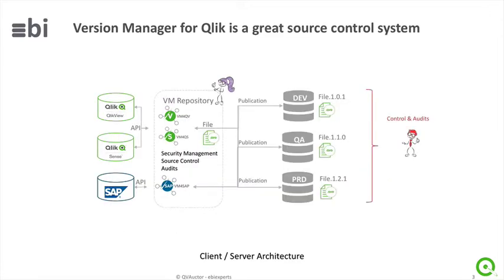So Version Manager for Qlik is a great source control system. This is the client-server architecture product, which integrates to your Qlik and SAP APIs and provides you with security management, source control, and audits.